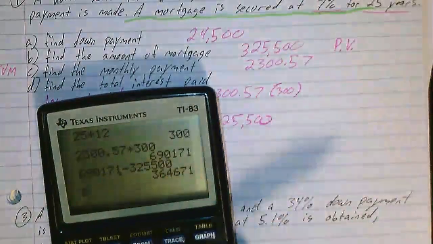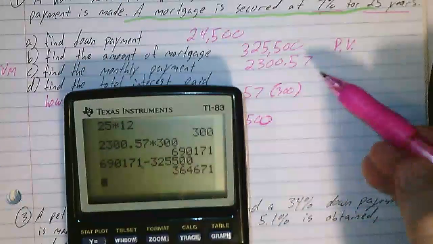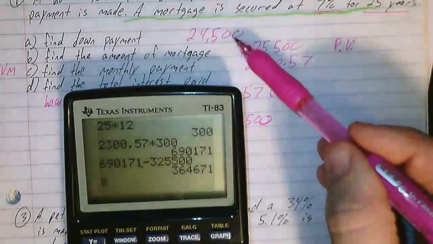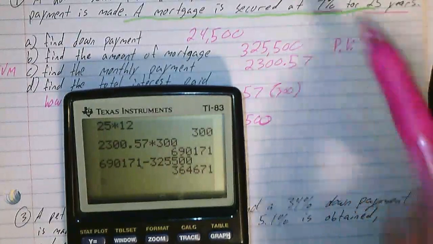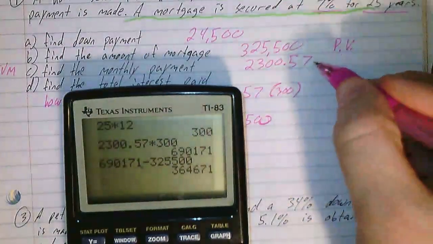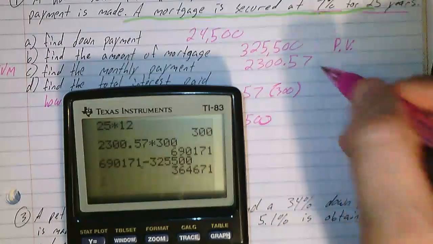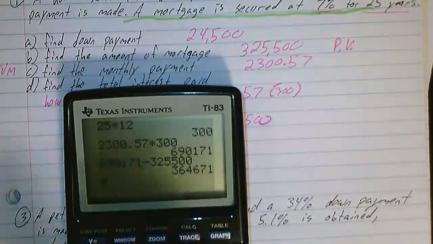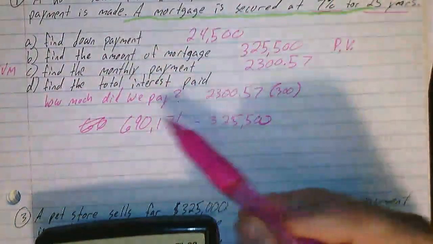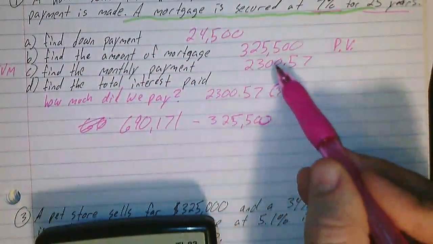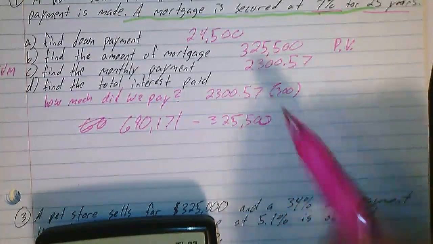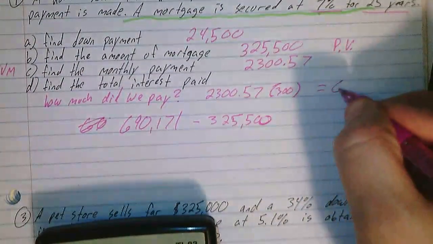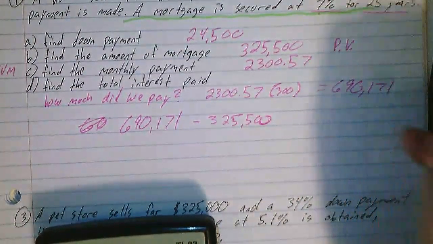So we took out a loan for $325,500. We did the down payment, and then we had to take out a loan for this much. We figured out using the TVM solver our monthly payments, part C, and then this is the new step in 2.6. How much did we actually pay? Well, take the monthly payment times the number of months that we paid it off, and we got $690,171.